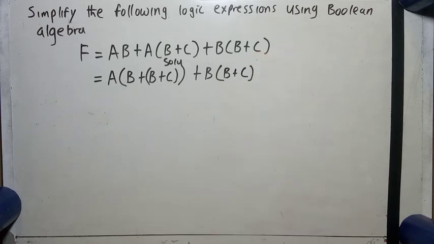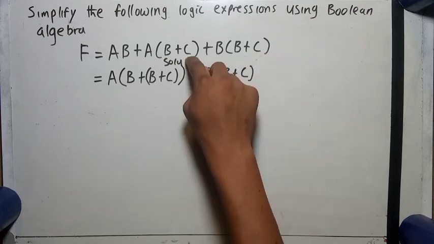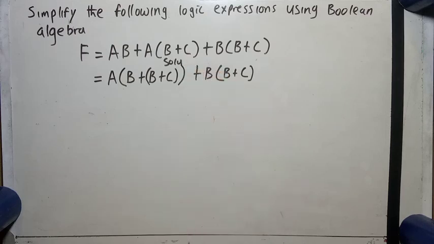So this is one way of solving it. You can also notice that this and this are the same. There are tons of ways of solving this. Let's finish with this method.